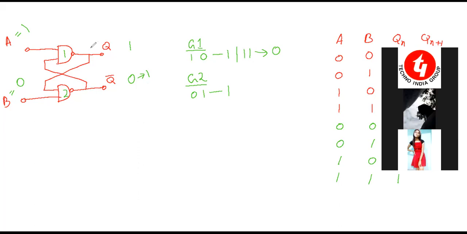Okay, so 1 1 will give you a 0. So this 1 will become a 0. And this 0 is coming here again. If you want to check, what are the inputs at gate 2 now?